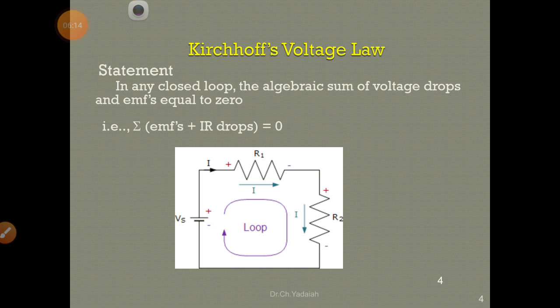And yourself is the R2 resistance, then current I into R2 is another drop, and your sister is the R3, same current, I into R3 is another drop. Your brother one drop, yourself one drop, and your sister one drop. 3 drops is equal to the amount, whatever the amount is generated by your father and mother, and the sum is equal to 0 for 1 month.